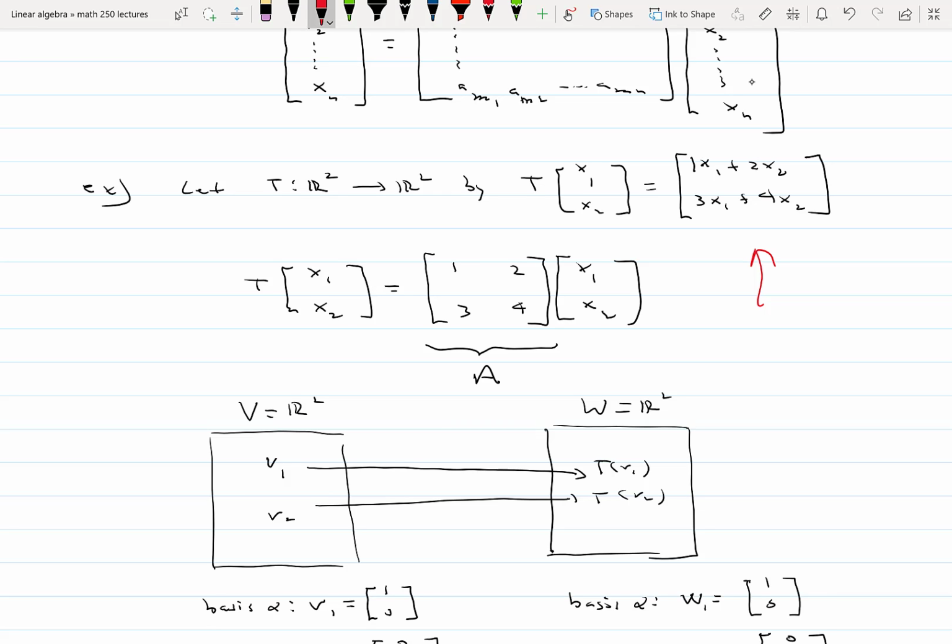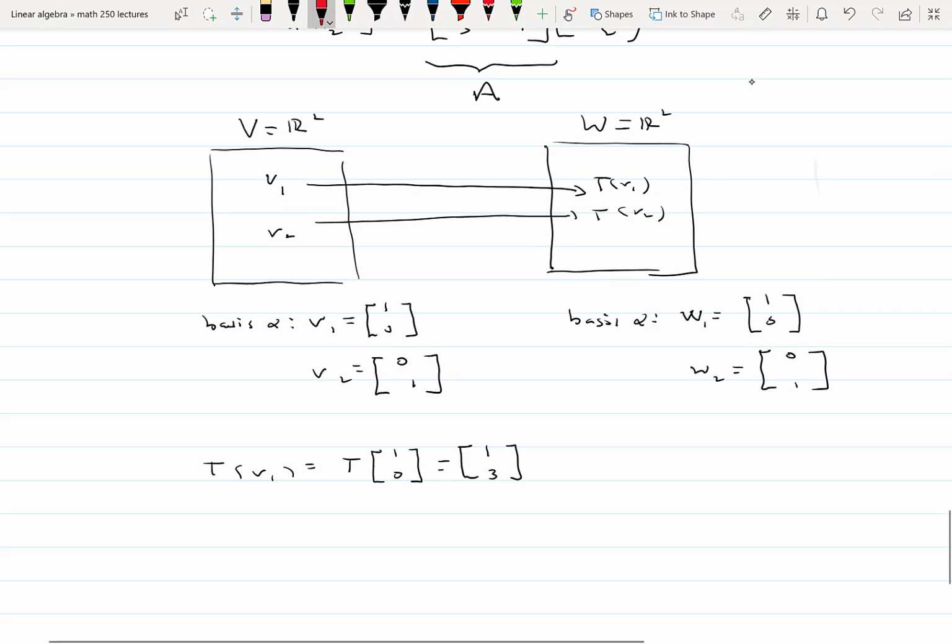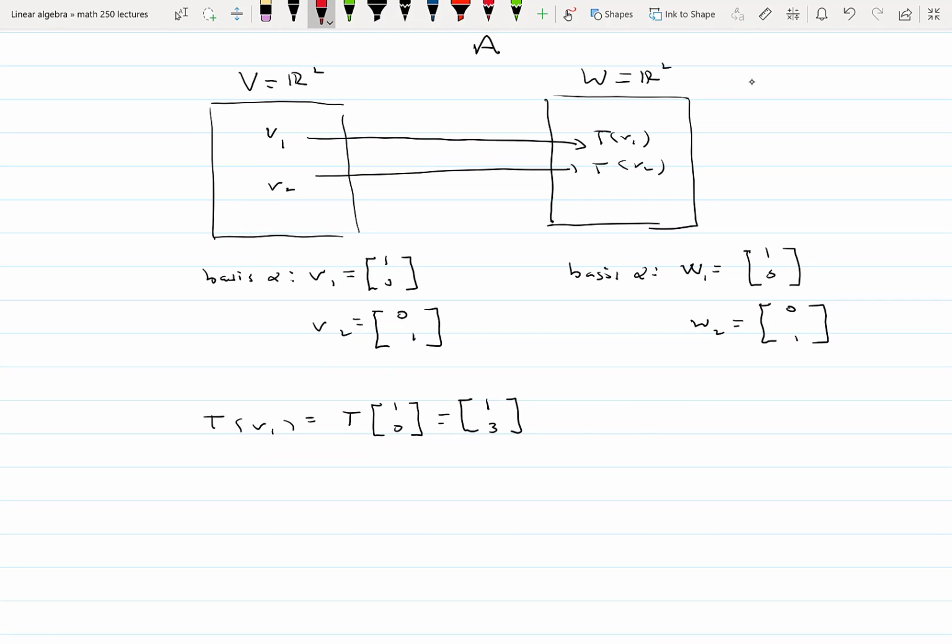T of 1, 0, if I let x1 equal 1 and x2 equal 0, the x2 terms disappear and you get 1, 3. So let's see what the matrix transformation does to V2. It takes V2, which is 0, 1, and transforms it into 2, 4.